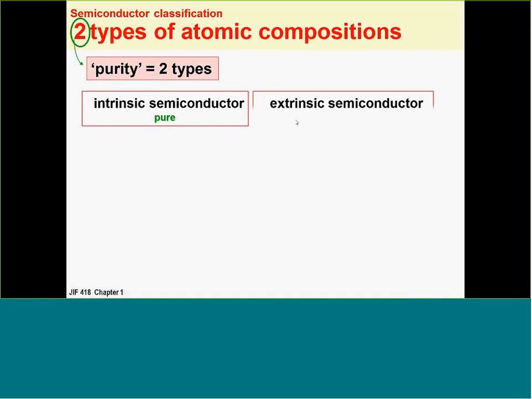Whereas extrinsic semiconductor, it has been doped. What does it mean by doping? Is it by just adding material into an intrinsic semiconductor, make it doped, or what? It's very important for you to know what is the meaning of doping.